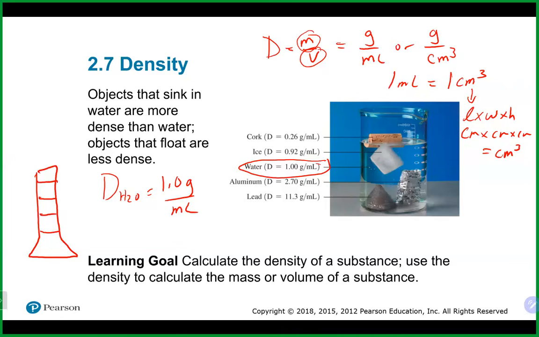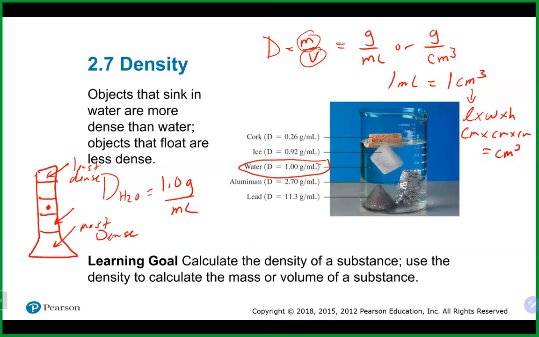The bottom layer would be the most dense, and up here, the top layer would be the least dense. If I threw in a solid and it gets trapped right about there, that means it is more dense than anything above it and less dense than anything below it, as it would float in there.